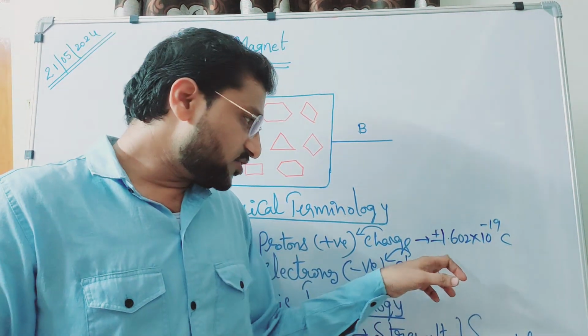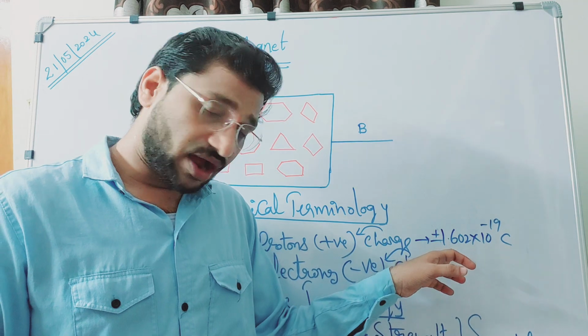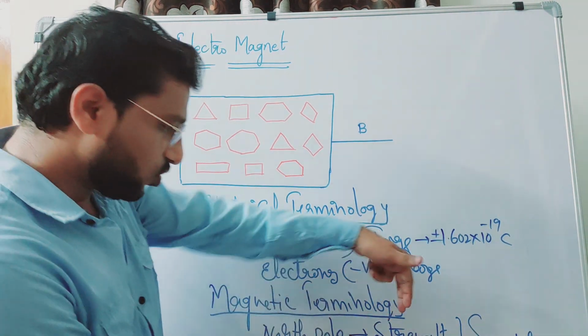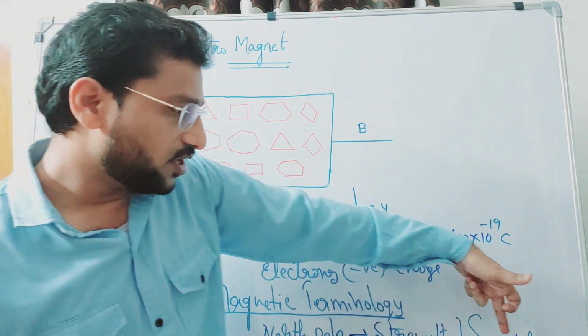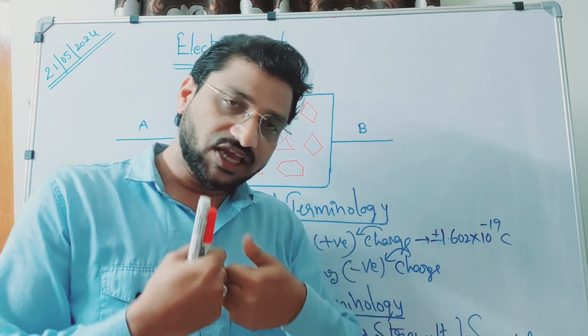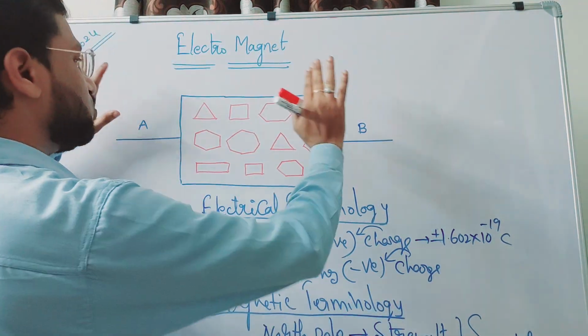As I am saying, the net charge in the atom when no power supply is connected is 0. Here, similarly, the total strength of the north and south pole combination is also 0 because both have the same strength but opposite. So they have equal and opposite strength. Now this is the scenario.